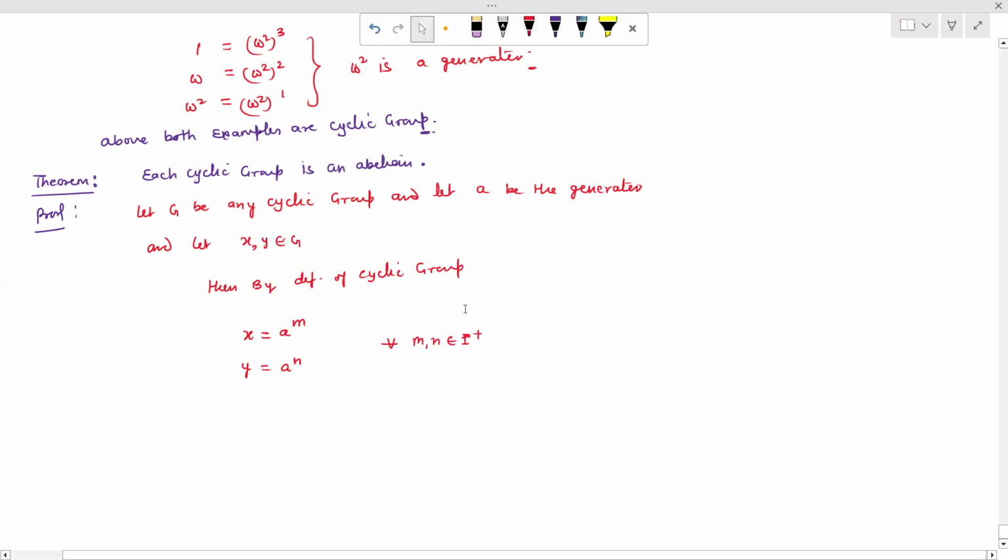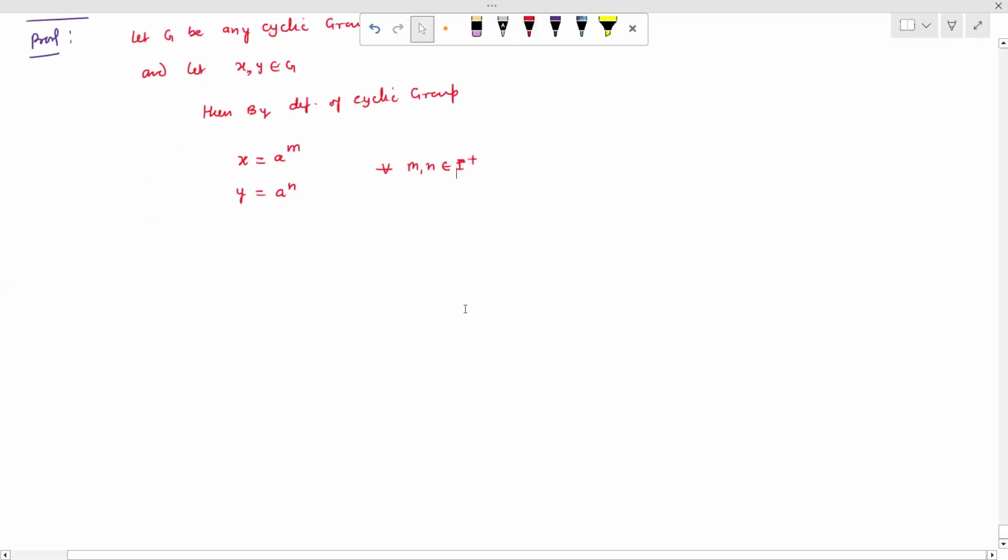Now we want to prove that G is an abelian group. So we take xy. xy is equal to a raised to the power m into a raised to the power n, which we can write as a raised to the power m plus n.